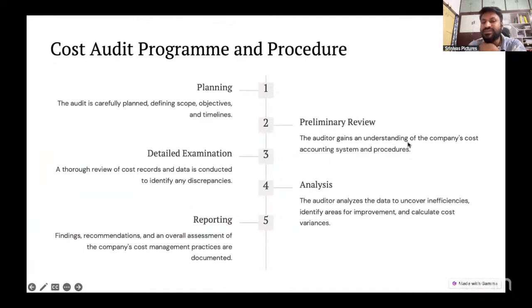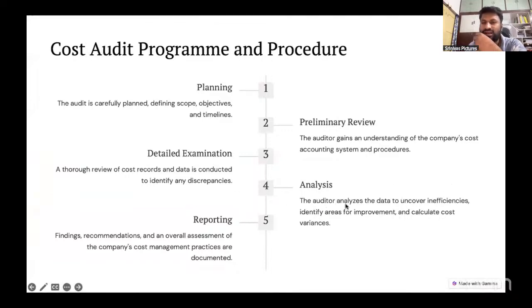Preliminary review means the auditor gains understanding of the company's cost accounting system and procedure. Detailed examination is done through review of cost records and data to identify discrepancies. In analysis, the auditor analyzes the data, uncovers inefficiencies, identifies areas of improvement and calculates cost variances.